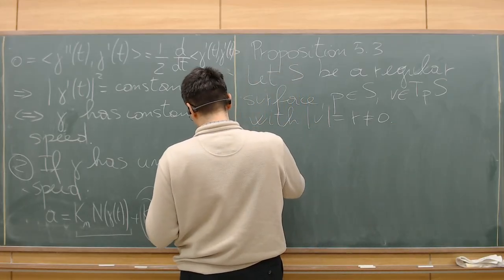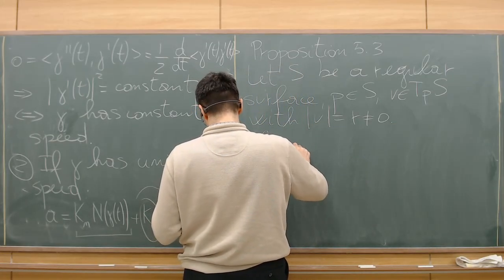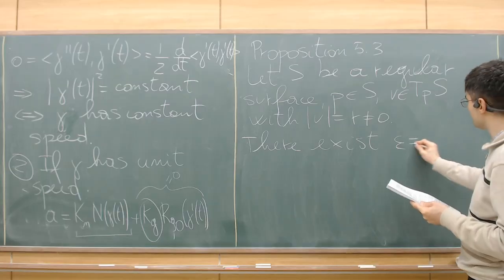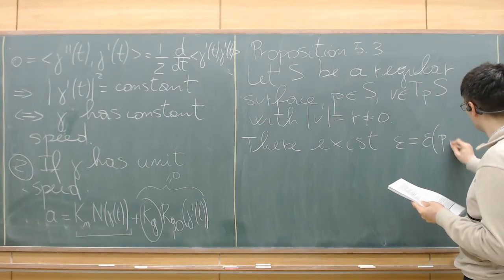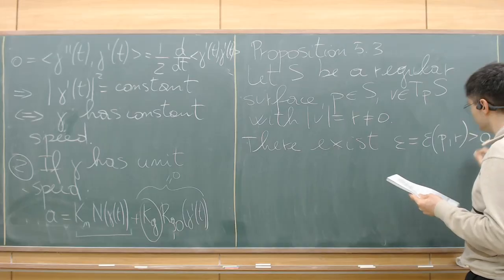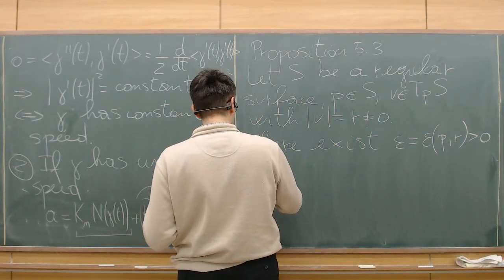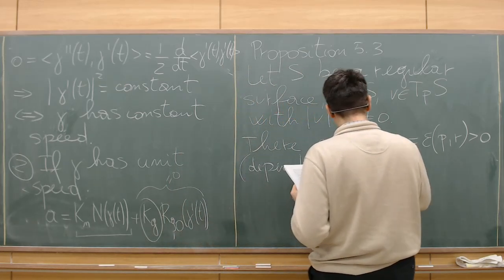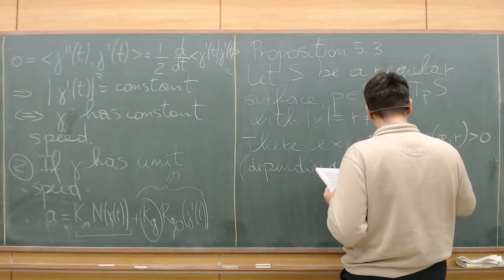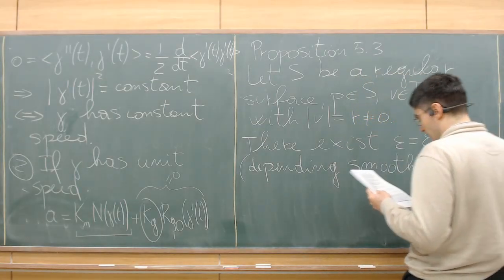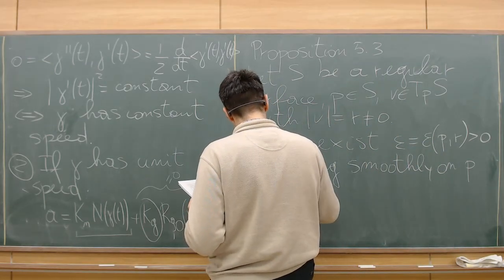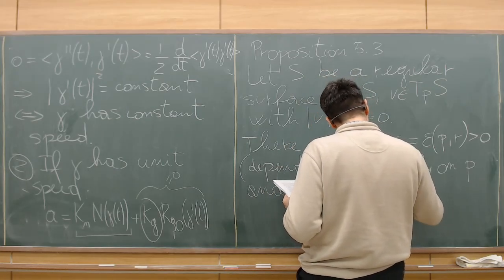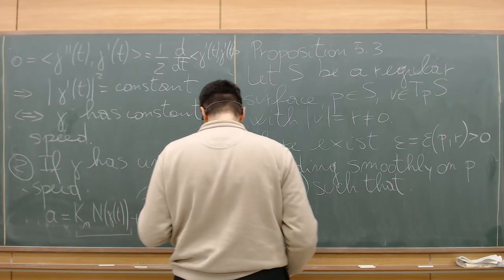Then there exists a positive number epsilon, which is a function of p and r, and this function is smooth, such that the following two statements hold true. 1.